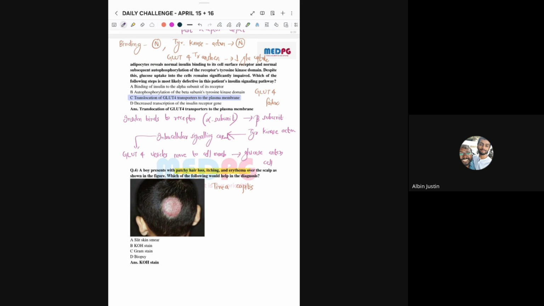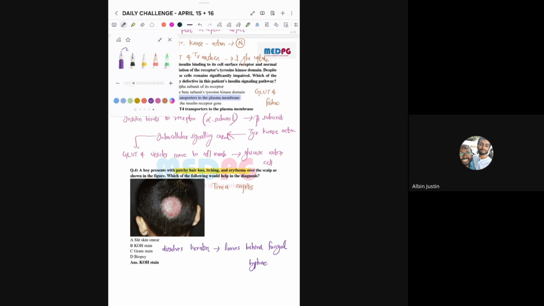What does KOH do? KOH dissolves the keratin and leaves behind the fungal elements. The slit skin smear is used for leprosy. Gram stain is used for bacterial infections, and biopsy when there is an unclear diagnosis.